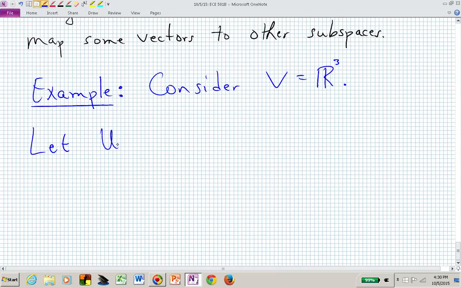So let subspace 1, U1, be the x-axis. Let capital U sub 2 be the y-axis, and U sub 3 be the z-axis.